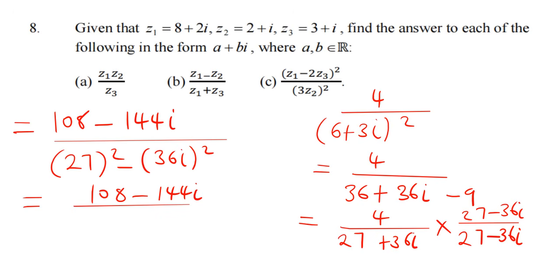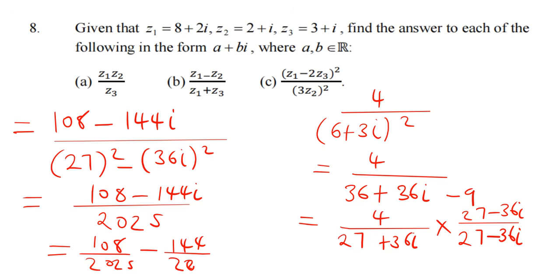So I'm just going to do 36 squared plus 27 squared. I'm getting 2025. Okay, so in this case we're going to have 108 divided by 2025 minus 144 over 2025 i.